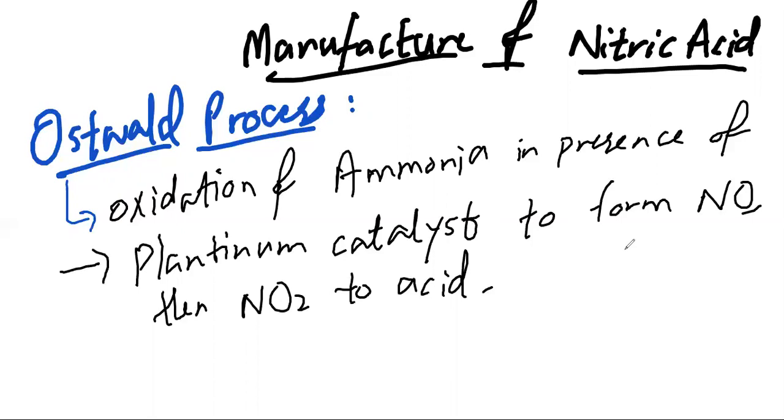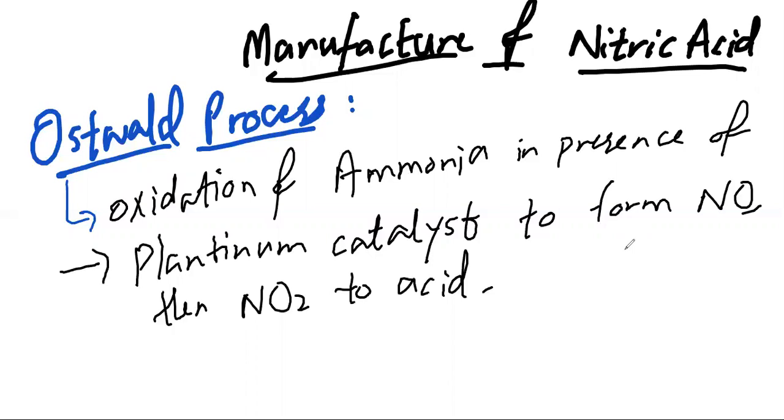Platinum is a catalyst to form NO first, nitrogen oxide, which in turn produces NO2, and then it is ultimately converted to acid. The reactions are not so important, that's why I'm not writing them. Then the volume of ammonia mixed with 8 parts of air enters into a converter where platinum acts as a catalyst. This is a brief description, not so important for your ECAT test.